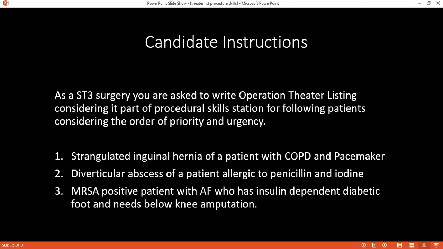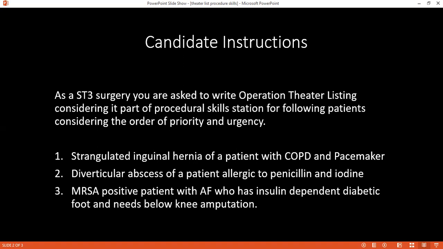Okay, can you please tell me, your first patient is a known case of COPD. What are the precautions or measures that you have to keep in mind that can lead to complications, and you have to be careful of the risks during surgery?